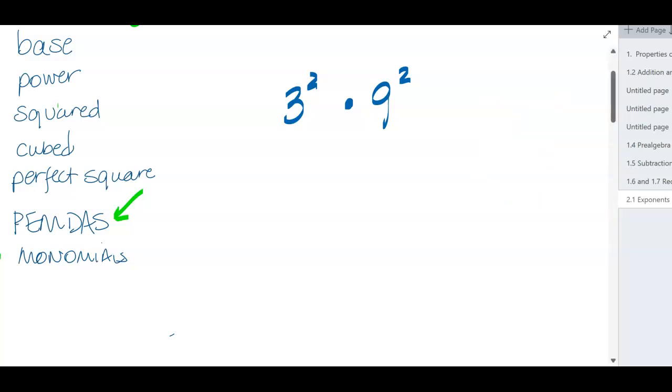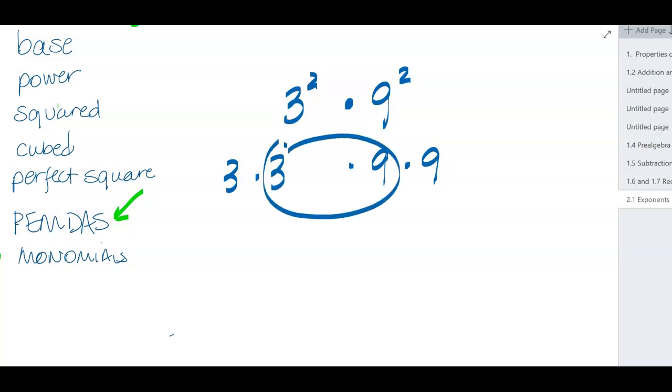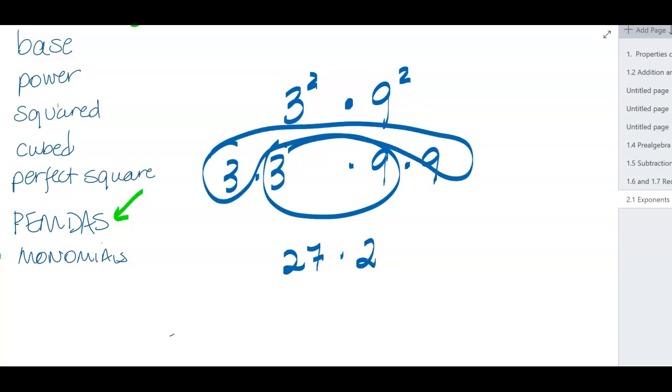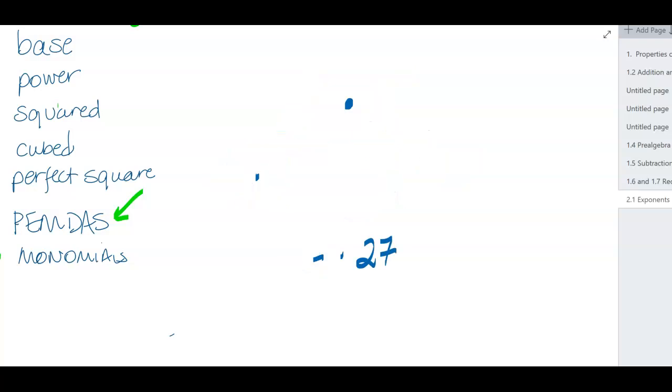So let me show you why. If this is 3 times 3, and this is 9 times 9, isn't it true that multiplication is commutative? Isn't this the same thing as 27 times 27, where I put this 3 with this 9? And it is, because of the commutative nature of multiplication.